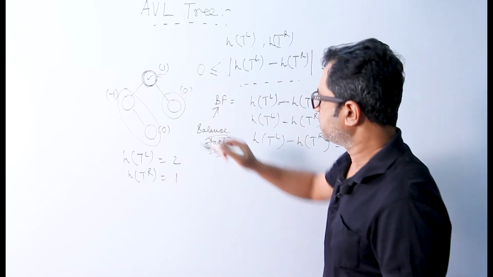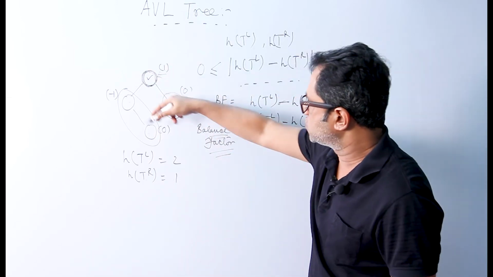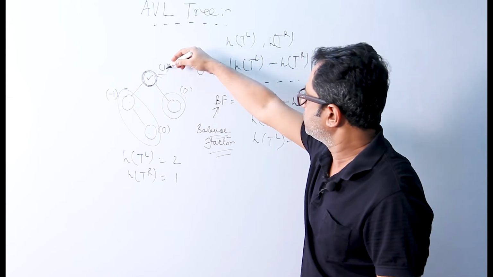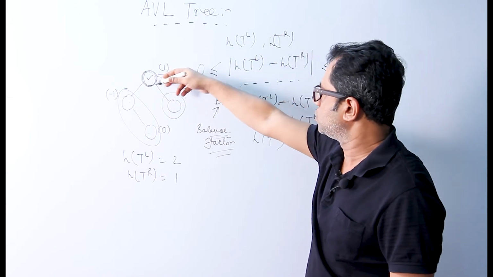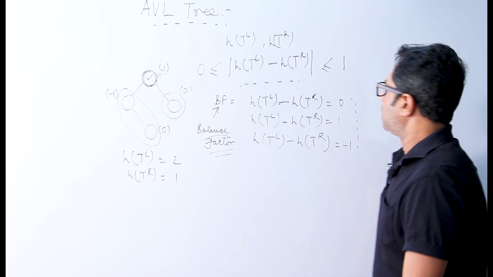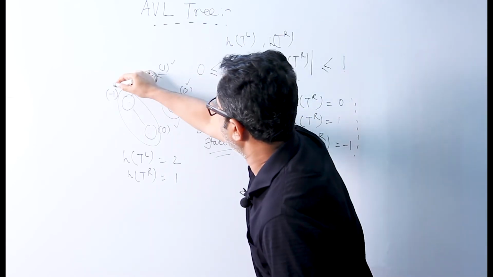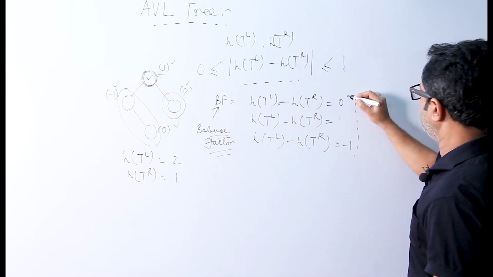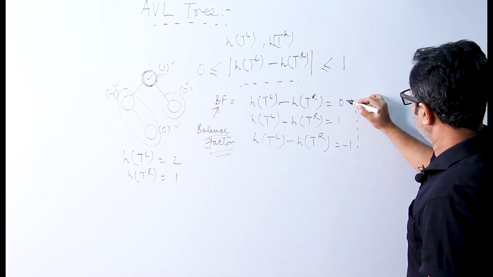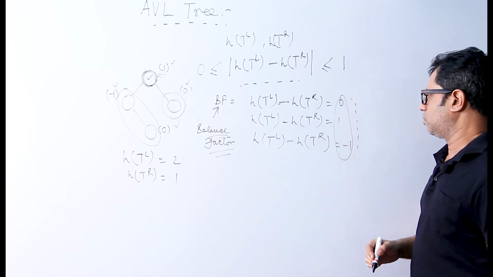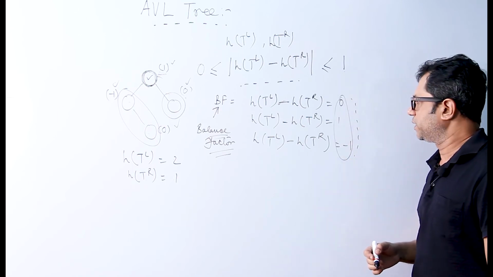So we see that for all 4 nodes which make up this binary tree, the balance factors are 1, 0, 0, minus 1, which are in conformity with the permissible values for a binary tree to become an AVL tree.